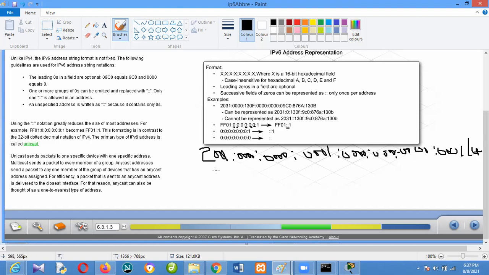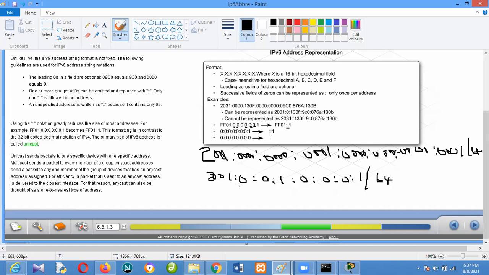If I want to abbreviate this, I'm going to have 2001. So let's see: this one is 0, this one is 0, this one is 1, here is 0, here is 0, here is 0, here is 1/64. So I've succeeded in abbreviating everything to this.